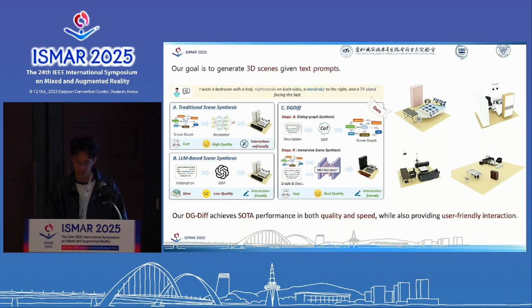Dialog graph synthesis, where an LLM converts free-form description into structured scene graphs, and immersive scene synthesis, where a multimodal denoiser generates high-fidelity 3D scenes from both graph and text. As highlighted at the bottom, DGD achieves state-of-the-art performance in both quality and speed, while also ensuring user-friendly interaction.